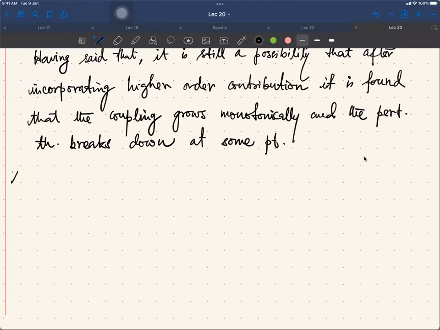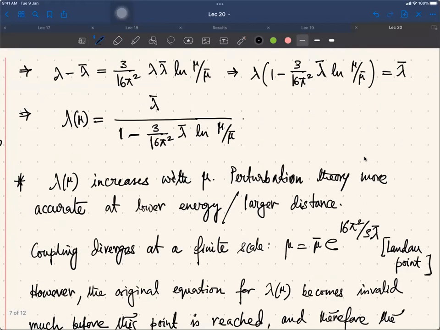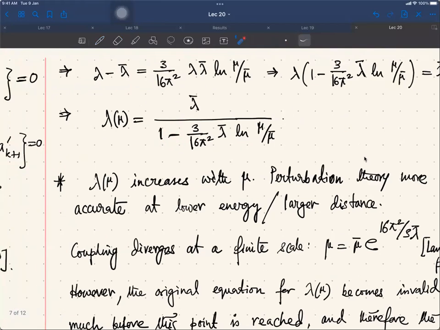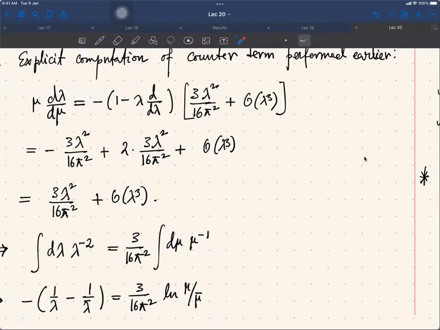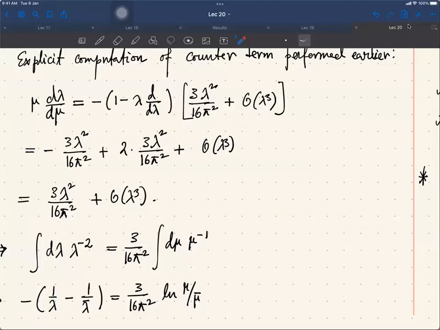If we had considered a different scenario, minus lambda by factorial phi-fourth theory instead of lambda phi-fourth theory, then for the flipped theory the sign changes, because the differential equation has on the right hand side this lambda squared.